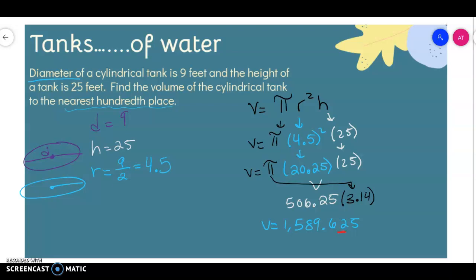Well, good thing I know the number after it, which is the thousandths place. This 5 is actually going to make this 2 go up, since the 5 is a 5 or above. So now I actually have 1,589.63 feet cubed. The reason it's feet is because I can look back in my story and see that they're dealing with feet.